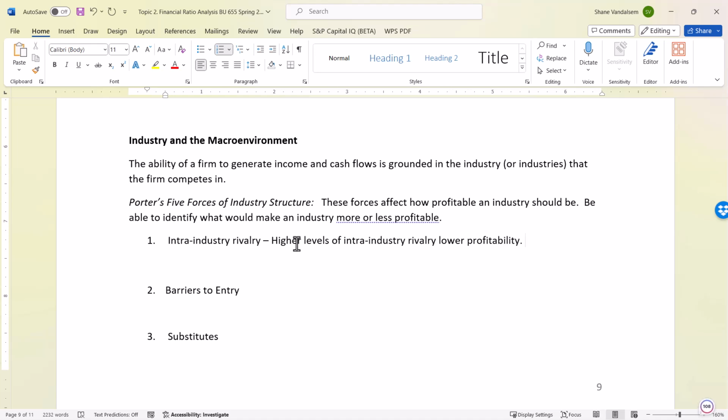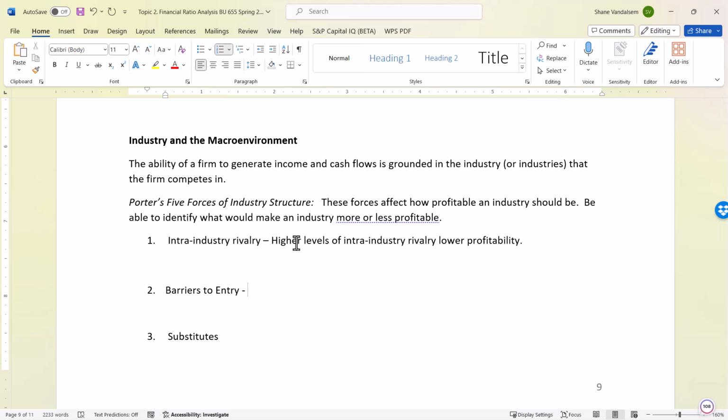Because either they're going to be competing on price or they're going to be competing on research and development and advertising, pushing up their costs in order to beat the other firm in the industry. Where we have low levels of intra-industry rivalry, we generally have higher profitability companies. Barriers to entry.